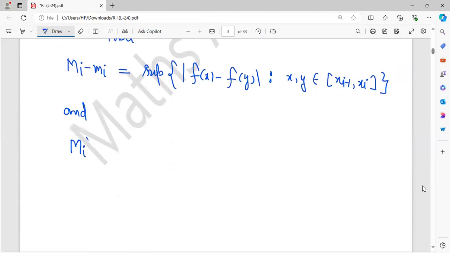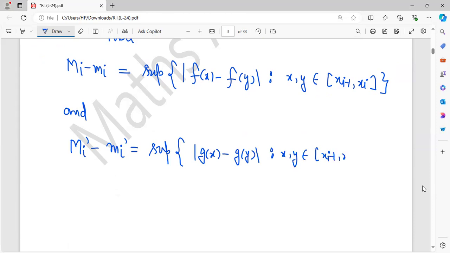Similarly, Mi dash minus small mi dash is equal to the supremum of |g(x) minus g(y)|, x, y belonging to [xi-1, xi].